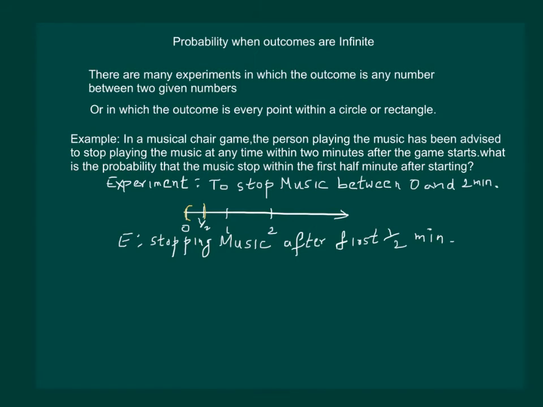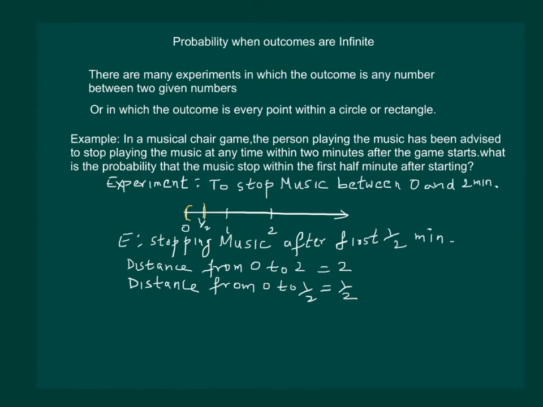So what we can do is consider the distance between 0 and 2, which is 2, and the distance between 0 and half, that is half. We can now argue that of the total distance of 2, the distance favorable to the event E, that is stopping the music within first half minute, is half.